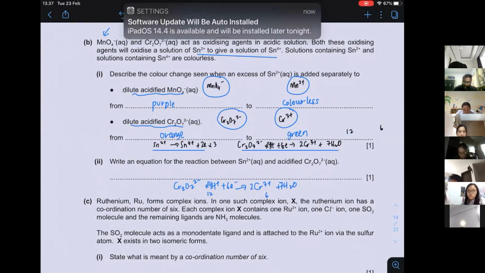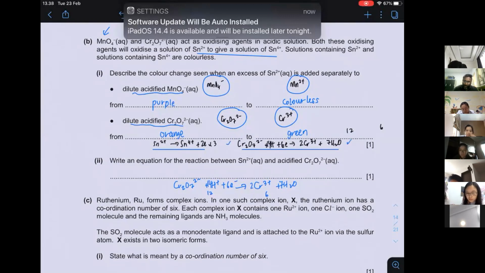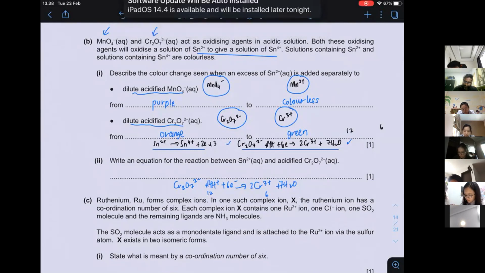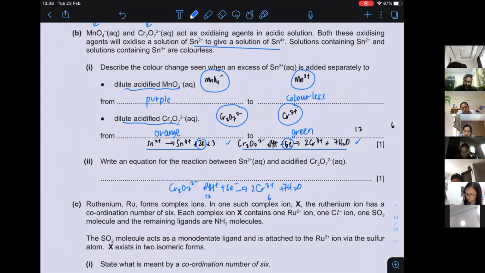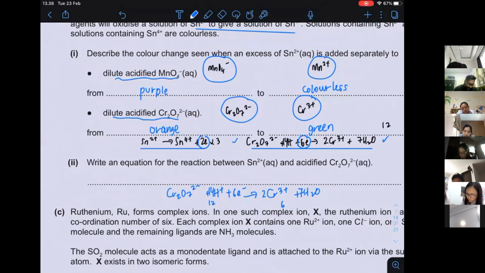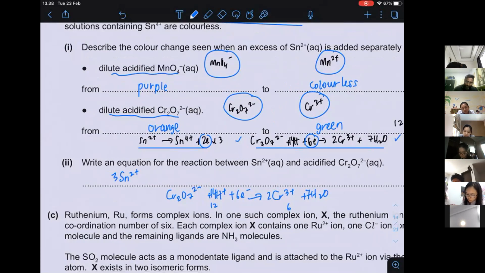What is important now is to join these two half equations together. Do remember that there are 6 electrons here and only 2 electrons here, so I need to times this equation by 3. I get 3Sn2+ plus Cr2O7 2- plus 14H+.